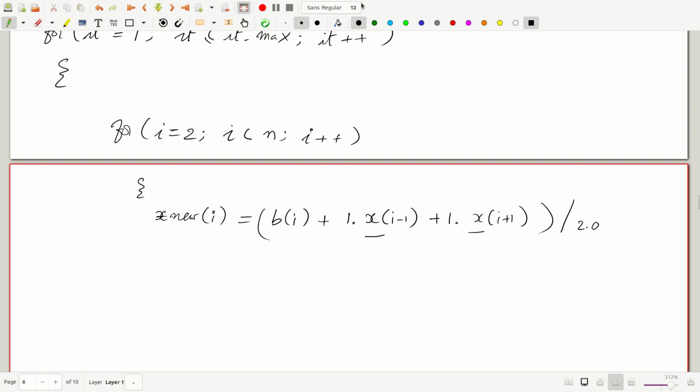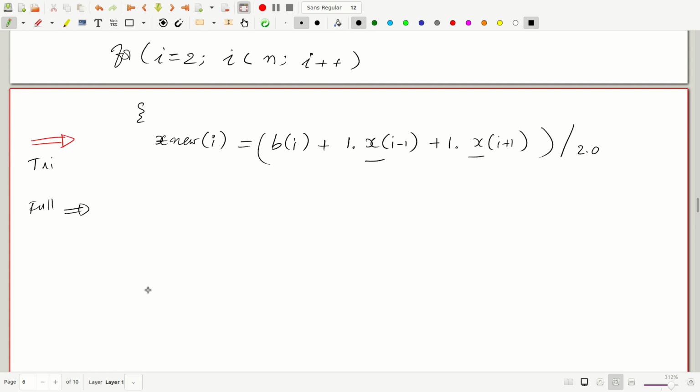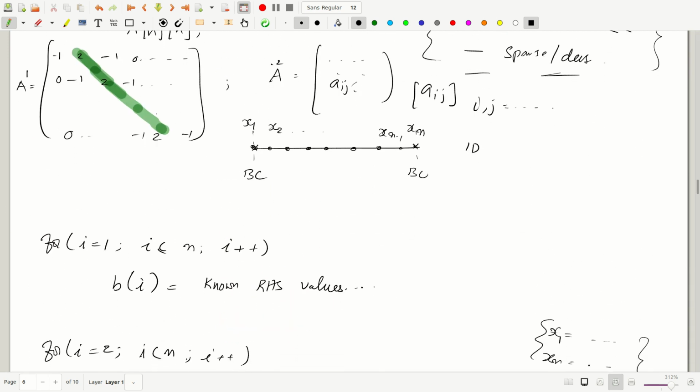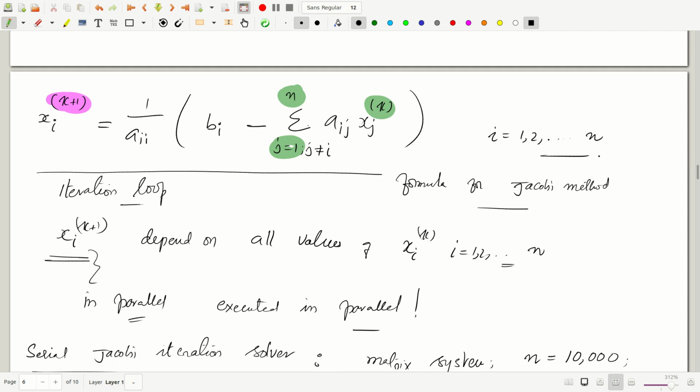Now, this is the case if you have a tridiagonal matrix. In case you don't have a tridiagonal matrix, if you have a full matrix, then of course instead of that particular statement here, you need to execute something else. You will first initialize your x new of i with b of i. Then you need another loop for your summation of these quantities.